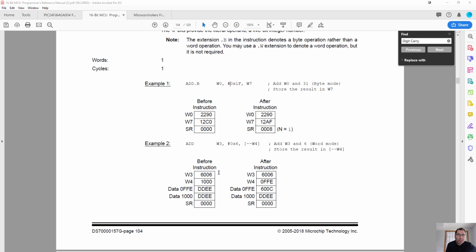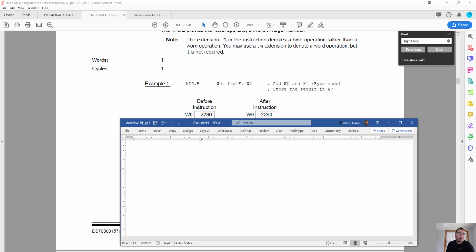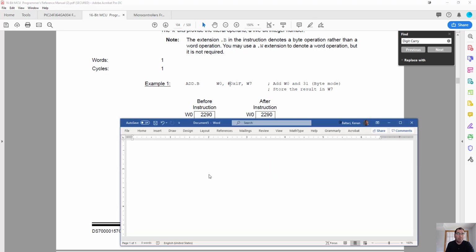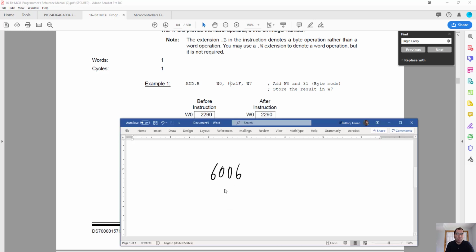Let's add W3 and 6. W3 is 6006, and then we add the literal 6.